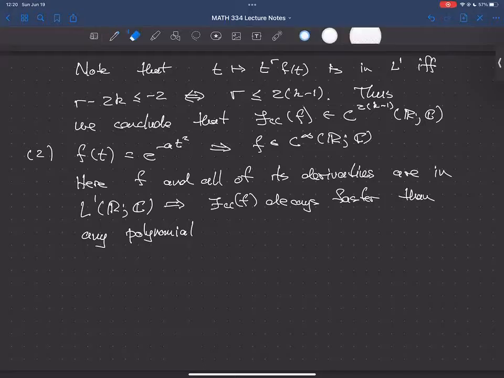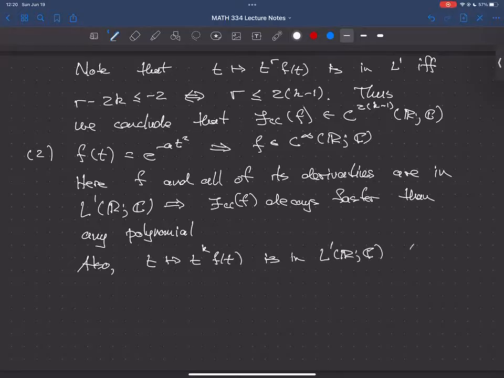So also, t maps to t to the k, F of t is in L1 for every k. Okay, and so this implies that the CCFT of F is infinitely differentiable.